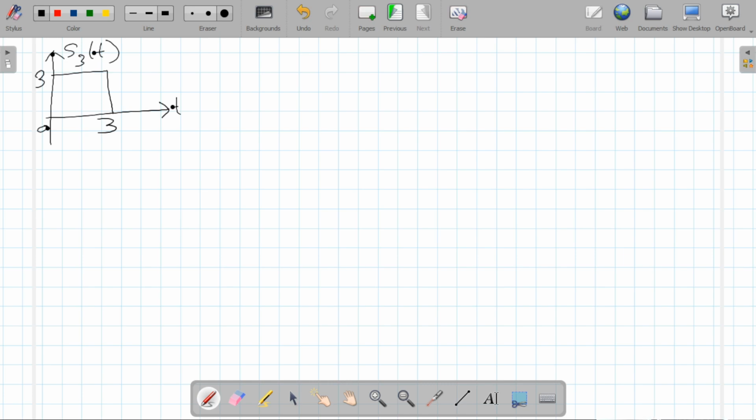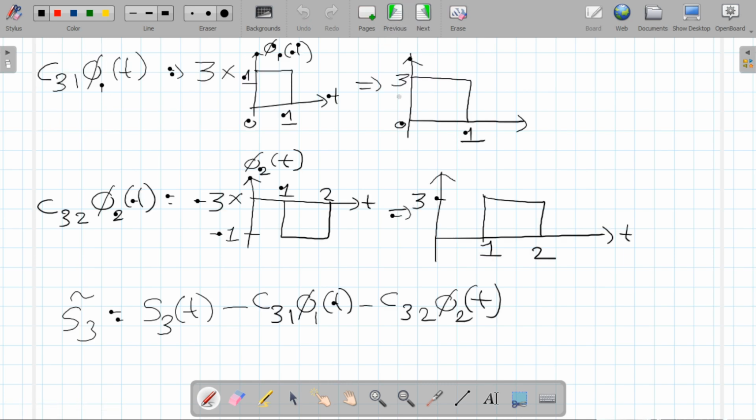with amplitude 3. This is S3 of t, right? Now we are going to subtract the first one, from 0 to 1.